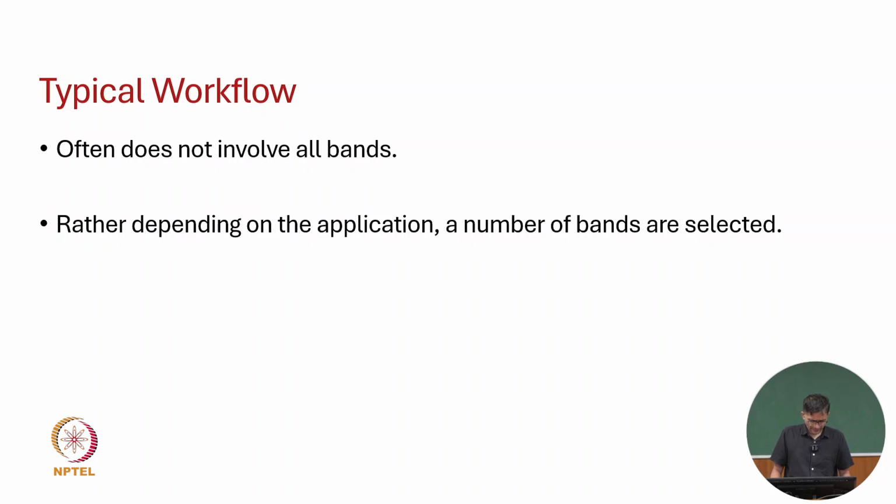So let us move ahead a bit and talk about the machine learning, deep learning kind of pipeline. Even then, depending on the application, maybe we are working on an entirely urban area. So we are convinced that all those 13 bands are not useful for the particular classification that we want to do.